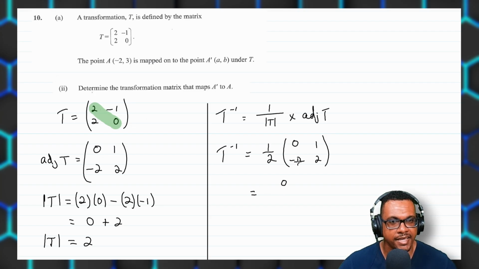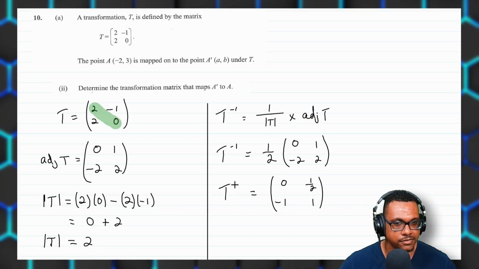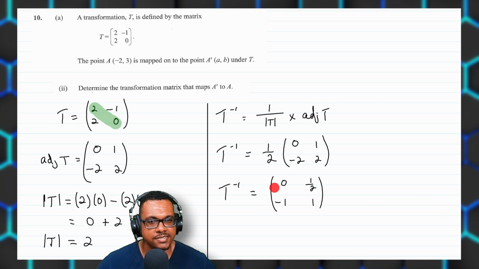A half by -2 is just -1. A half by 1 is a half. And a half by this 2 here is just 1. Now this is T inverse. So this T inverse maps the image A prime to the object A.